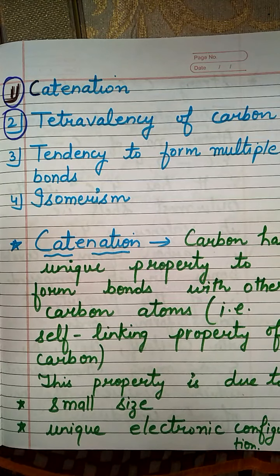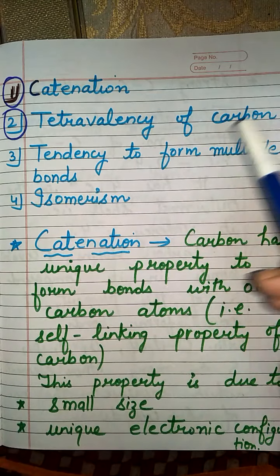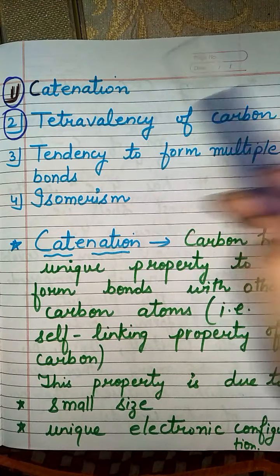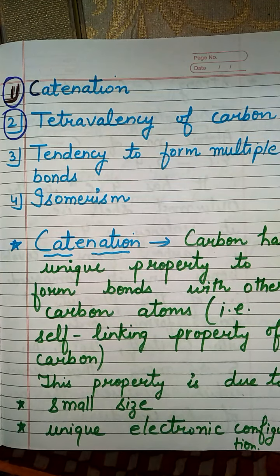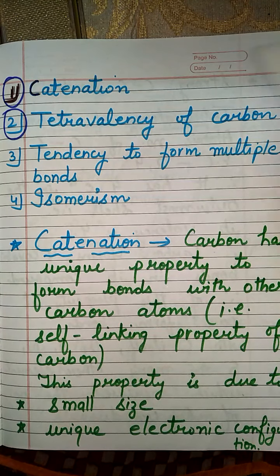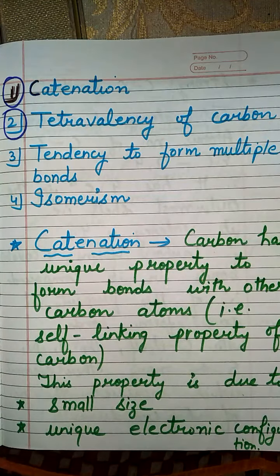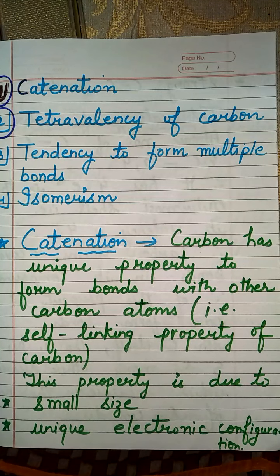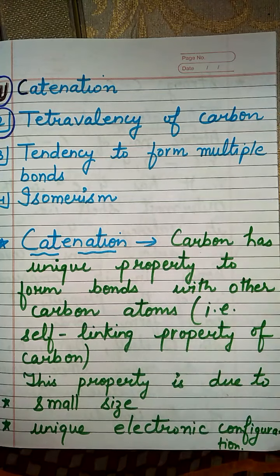If you are asked to write the two properties, the two features on the basis of which carbon gives rise to the maximum number of carbon compounds, which two properties will you write? Catenation and tetravalency. Now, what is catenation? Catenation is the self-linking property of carbon.